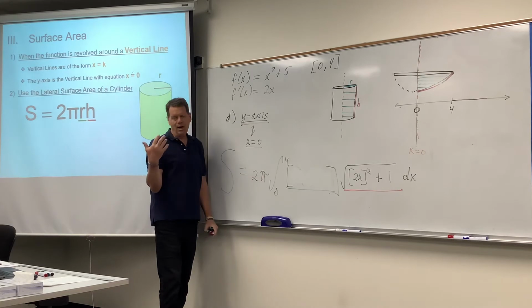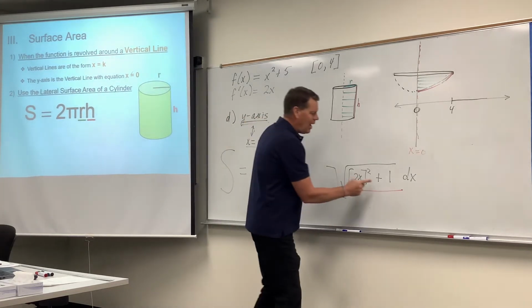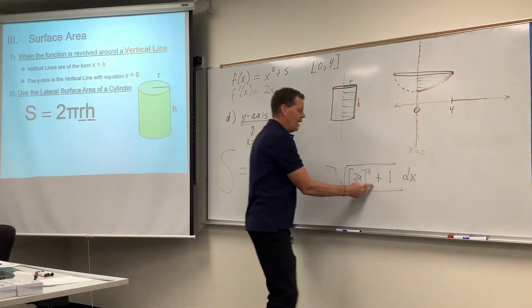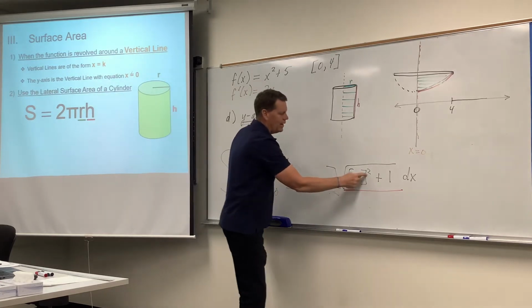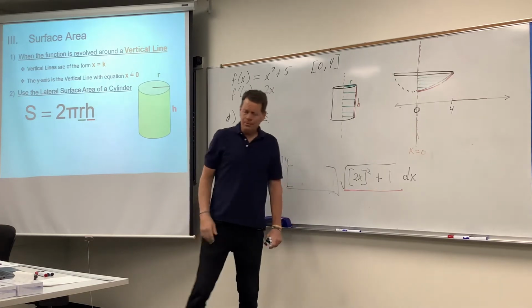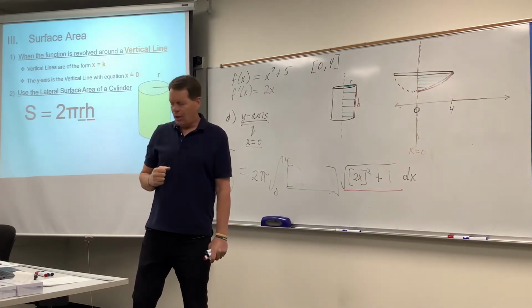That's just part of the geometry formula. The height would correspond to the length of the arc, so that would be the same expression: take the derivative of your function, square it, add 1, put a square root over it. I think that's going to stay the same here, isn't it? Because the height would still correspond to the length of that arc.